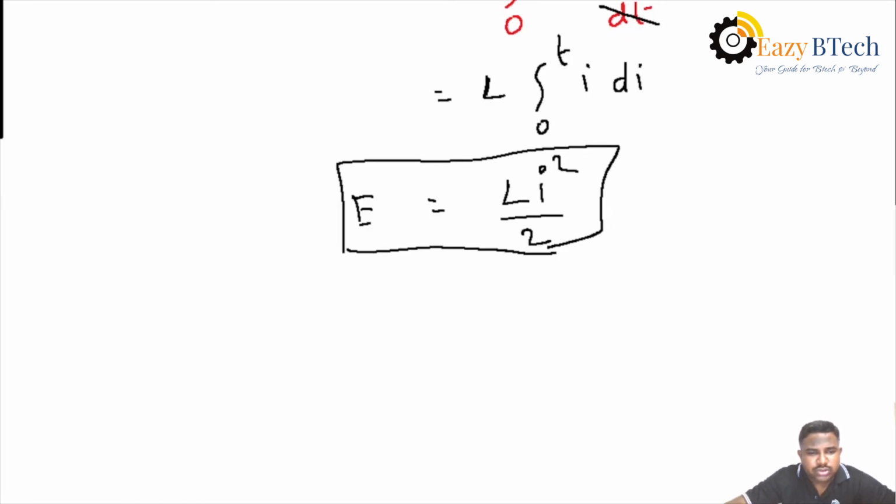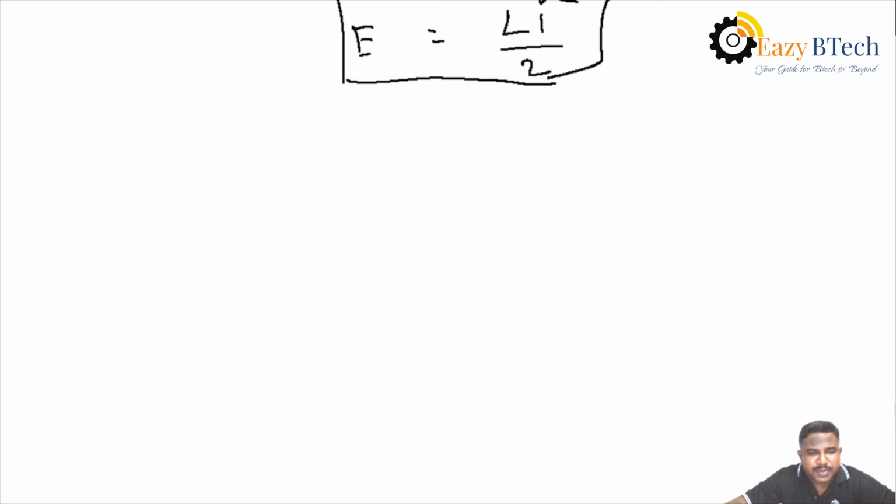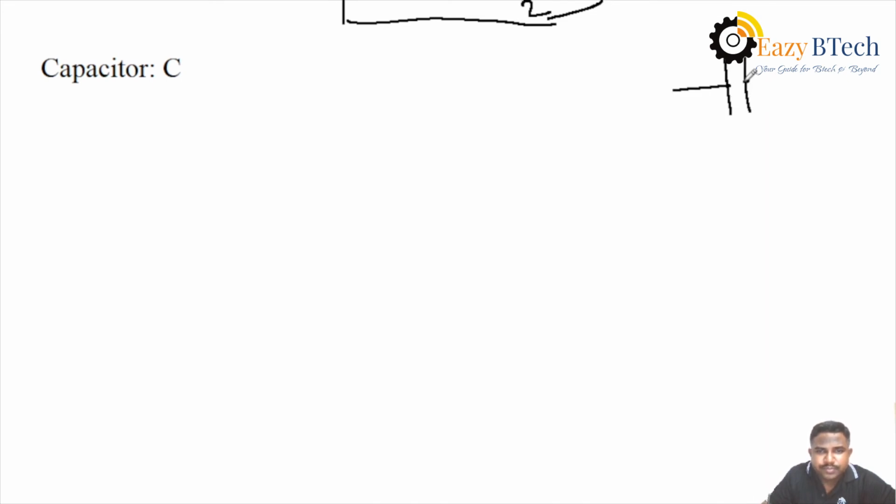Similarly, if we take the third element, that is the capacitor, the main property of the capacitor is to create an electric field. The capacitor is denoted by the capital letter C. The symbol of the capacitance is two electrodes formed in parallel.